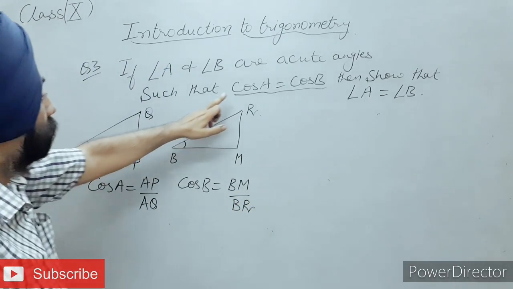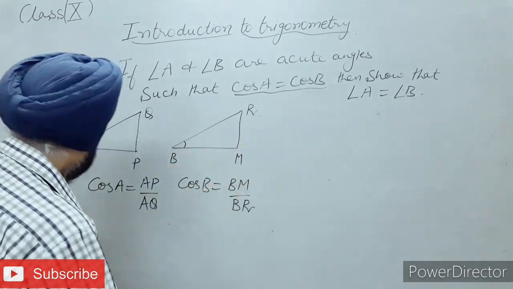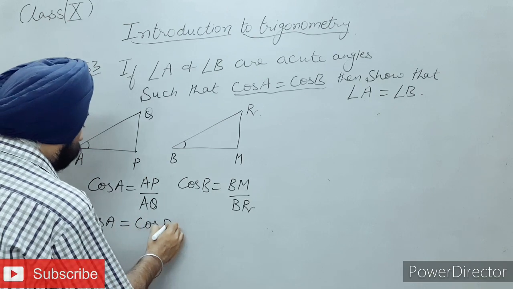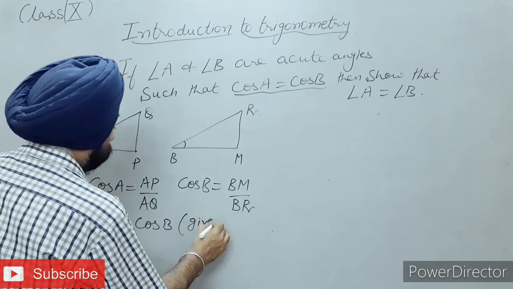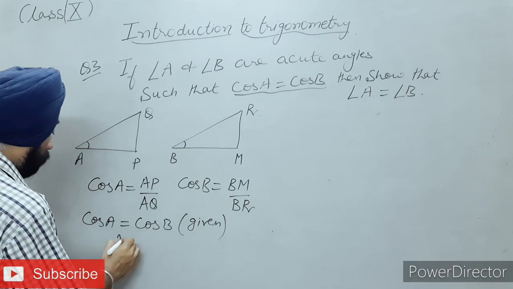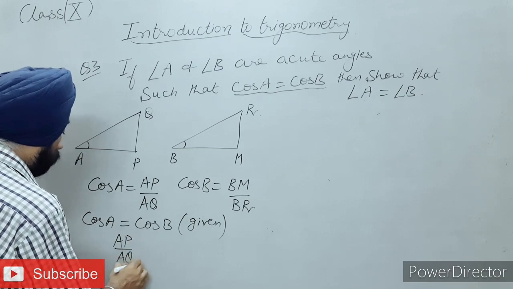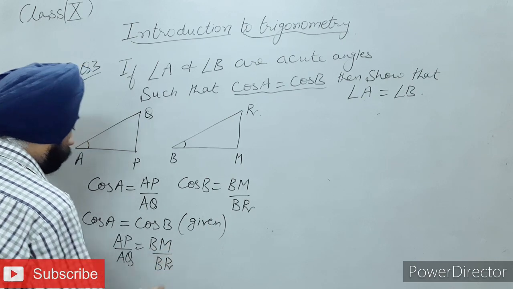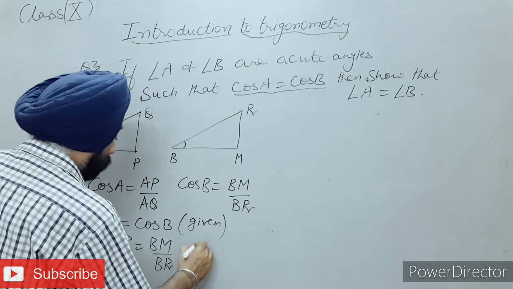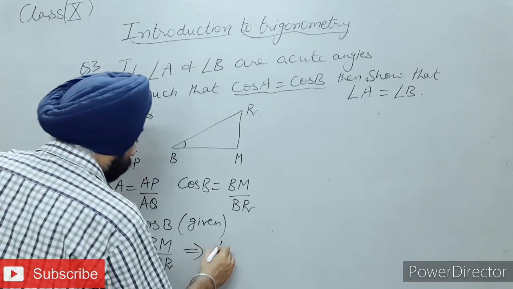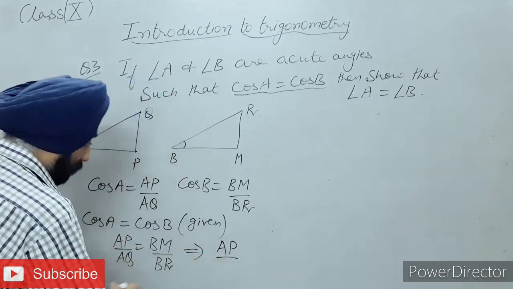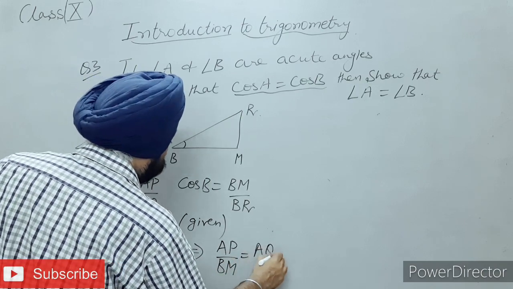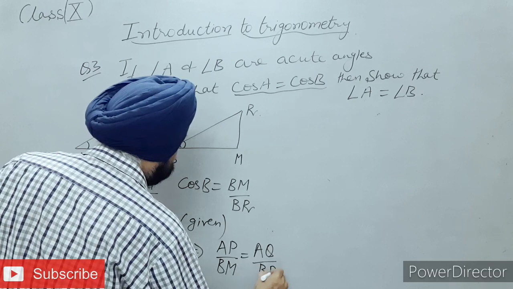Now given is cos A equals cos B. That is, AP upon AQ is equal to BM upon BR. Or we can swap the things like this: AP upon BM equals AQ upon BR.